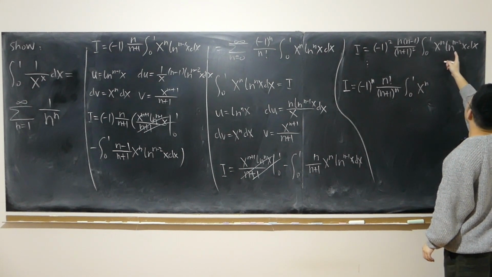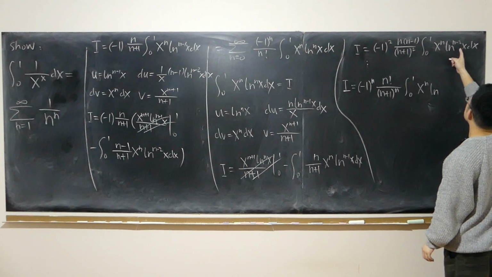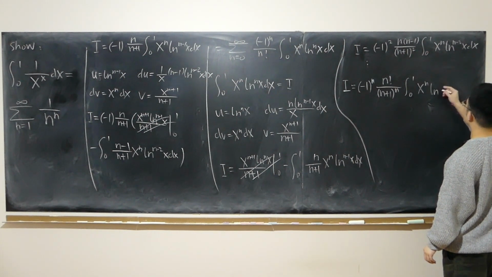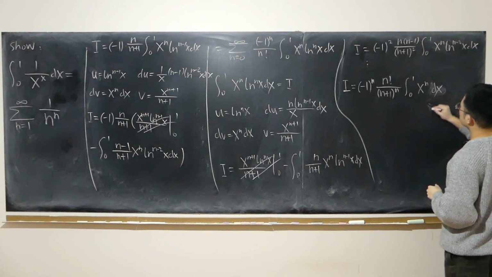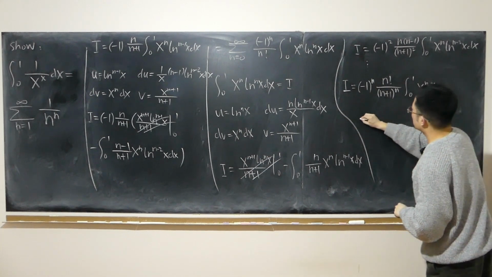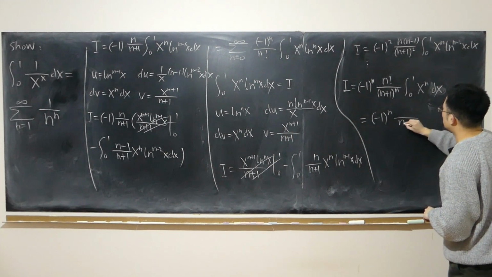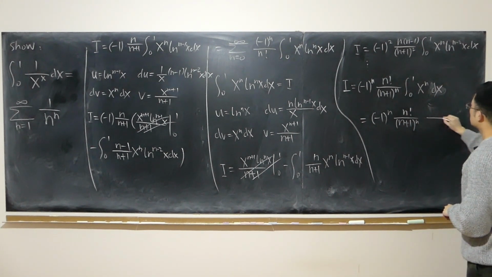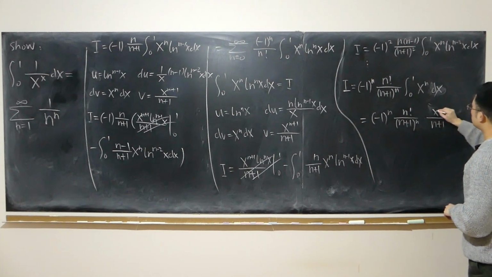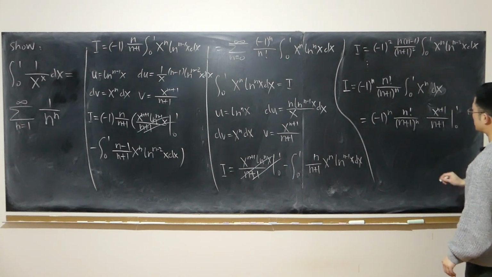But the power of log keeps reducing: twice, 3 times, n times, n minus n is 0. So that's just dx. This is easy. Negative 1 to the power of n over n plus 1 to the power of n, times n factorial, times x to the power of n plus 1 over n plus 1, from 0 to 1.